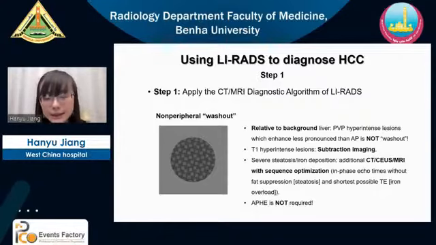For patients with severe steatosis or iron deposition, it's better to use additional CT, CEUS, or MRI with sequence optimization, including in-phase echo times without fat sat, and shortest possible TE for better washout appearance characterization. And FE is not required to evaluate the presence of washout.